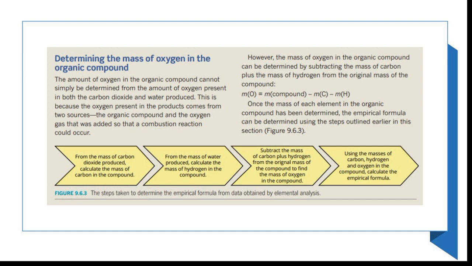That will enable you to find the empirical formula for that organic compound. Alright, so that is the general idea of what an empirical formula is. So make sure that you are able to answer any questions on the empirical formula, and you're very welcome to post me any questions in regards to empirical formula.